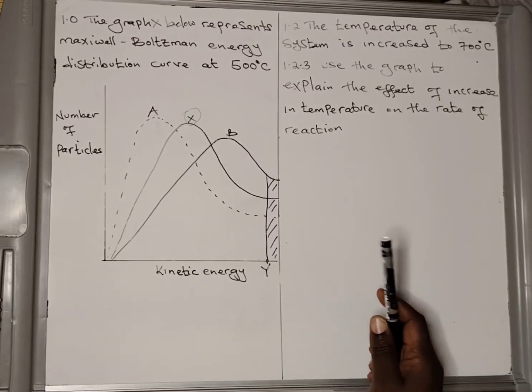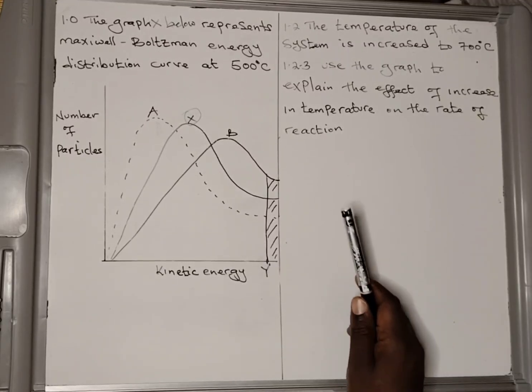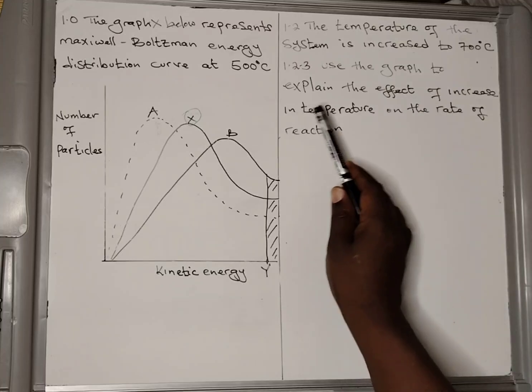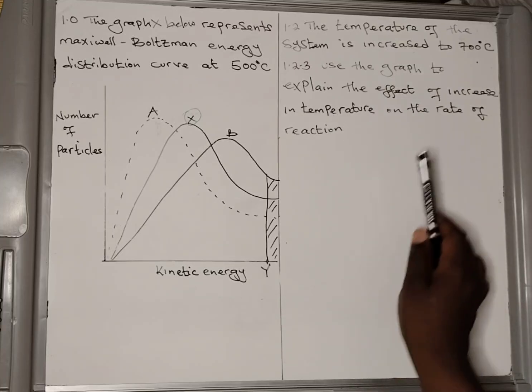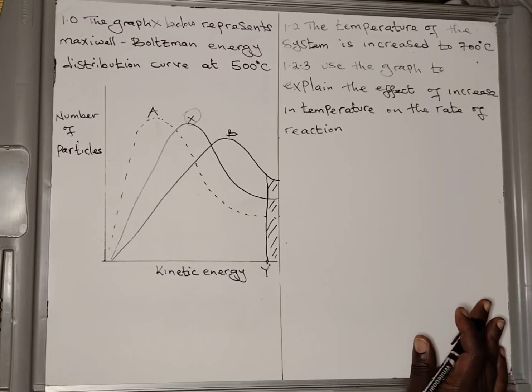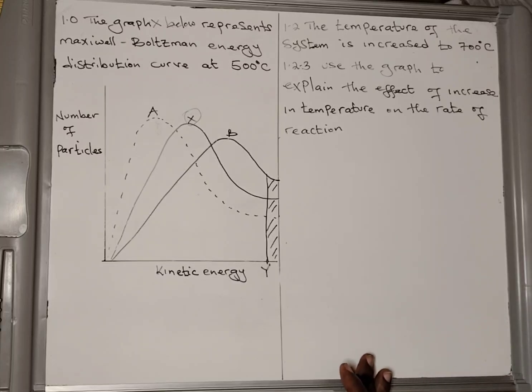Okay. Then comes this question. It says, use the graph to explain the effect of increase in temperature on the rate of reaction. So they want us to use the graph. And this is what we see.